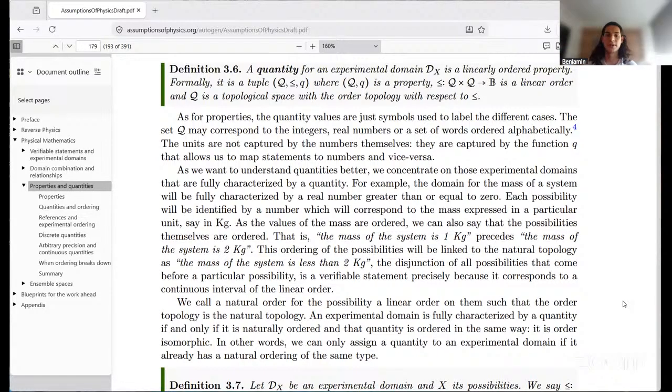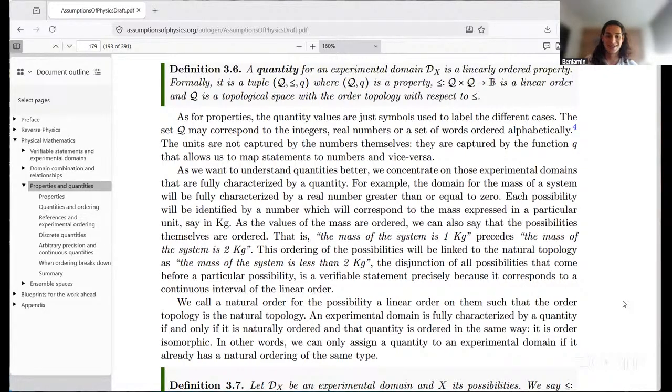As we want to understand quantities better, we concentrate on those experimental domains that are fully characterized by a quantity. For example, the domain for the mass of a system will be fully characterized by a real number greater than or equal to 0. Each possibility will be identified by a number which will correspond to the mass expressed in a particular unit, say in kilograms.